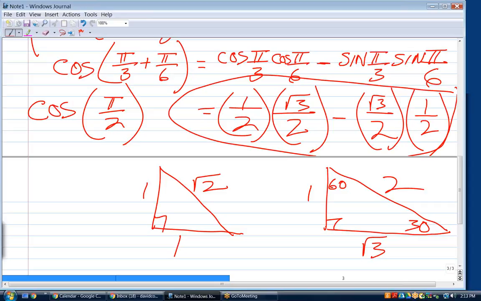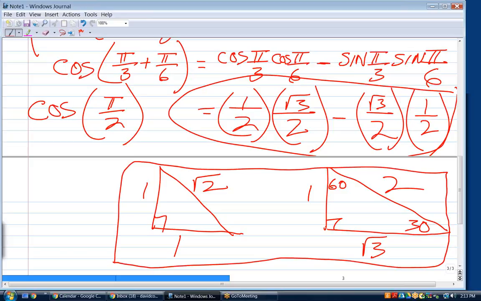But the absolutely vital thing is that you memorize your trig functions in the first quadrant. By that I mean 30, 45, 60, and actually 0 and 90. If you just memorize that picture that I'm outlining, you will always be able to figure out your trig functions in the first quadrant.